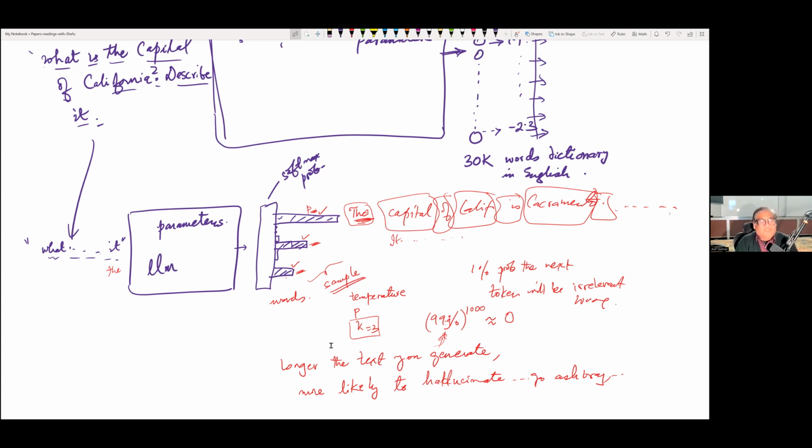You're producing 1,000 tokens, 1,000 words, and you will realize that 0.999 to the power 1,000 is practically zero. It means there is a very high likelihood that the answer is not the globally optimal answer. Right? And that is, in a way, the main limitation of generative AI today. That is the state of the art.